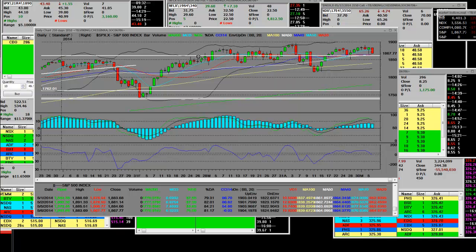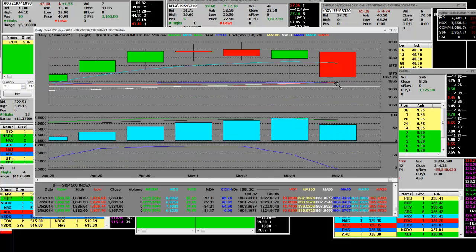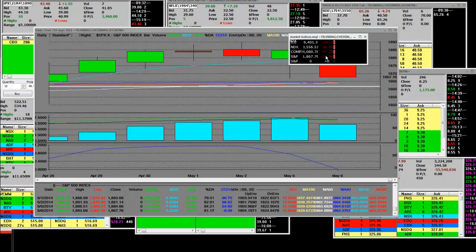And see, so this is a major support level, and it's all on a daily chart. And so you got a bunch of the moving averages on the daily that converge down here at 1865. Well, right now we're closing out at 1867.